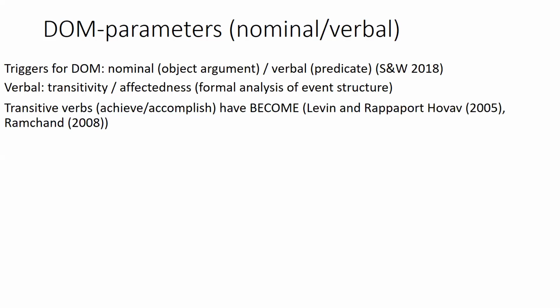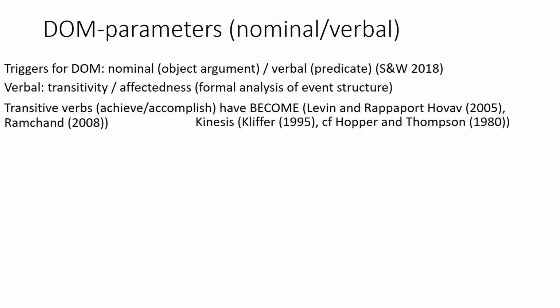It's quite widely proposed that transitive verbs like achievements and accomplishments differ from statives and activities in having this BECOME bit. Transitive verbs entail some sort of change of state that stative verbs and activities do not have. So that's a very important formal diagnostic for analyzing transitive verbs.